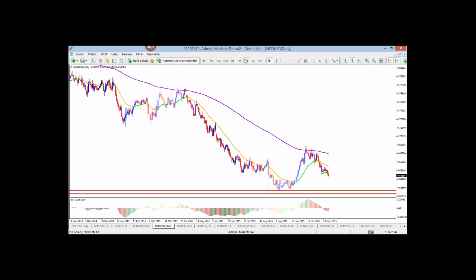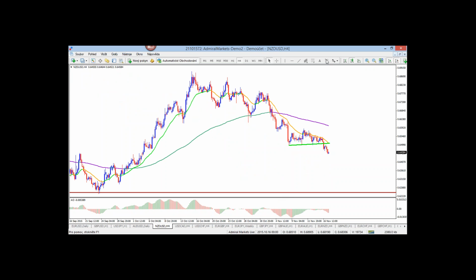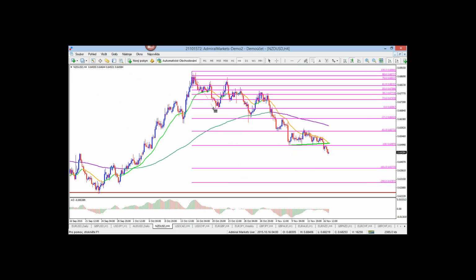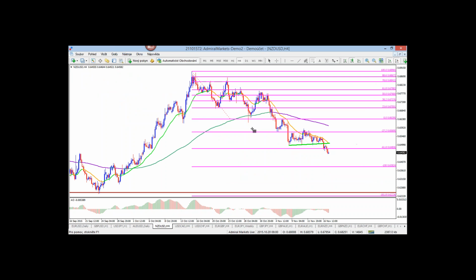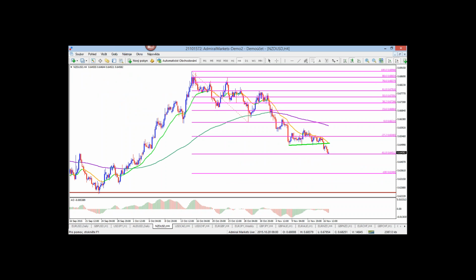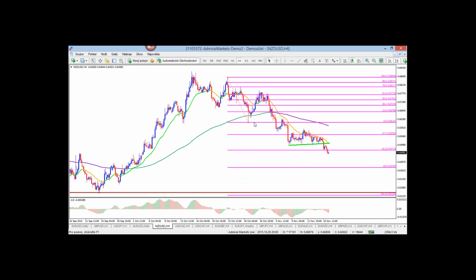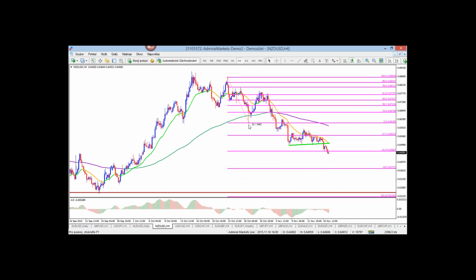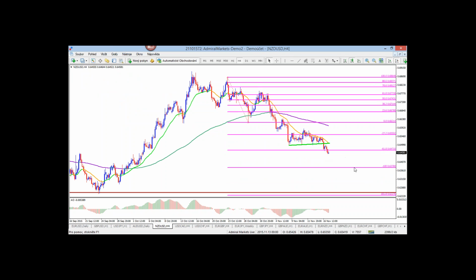Let's take a look at fib targets as well. All right, we just hit the minus 61.8 target, but it's actually pushing through that minus 61.8 target.